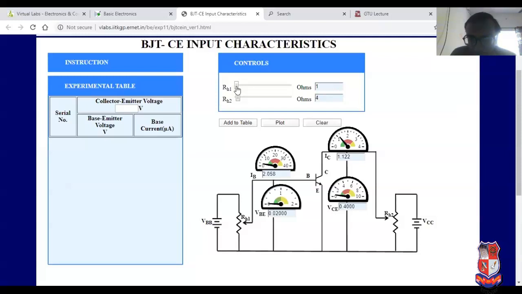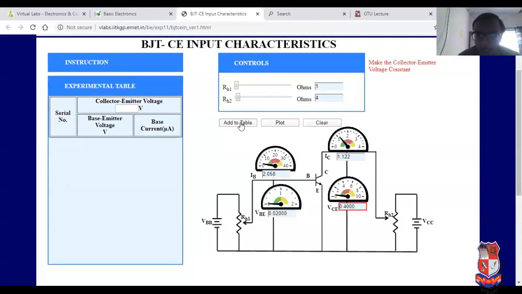Now if you change the input, see this, 0.02 volt, base current is 2.508 microampere.